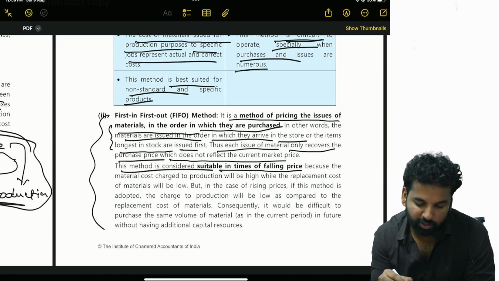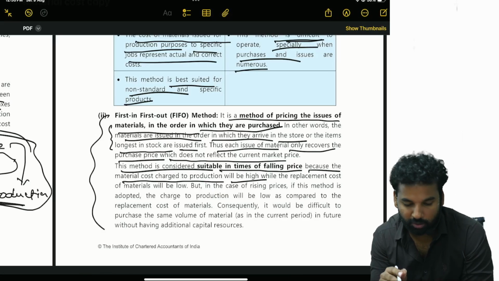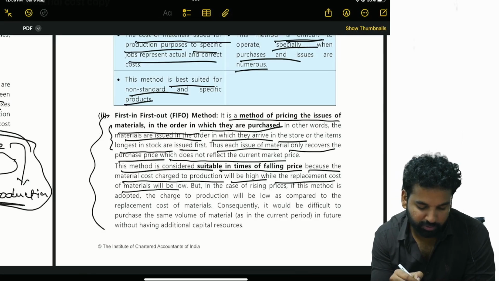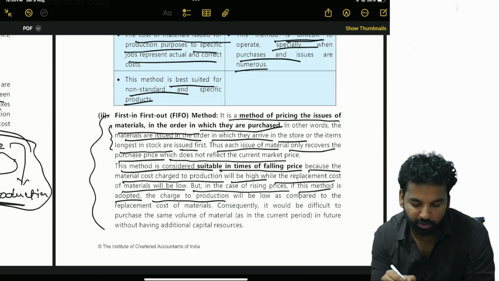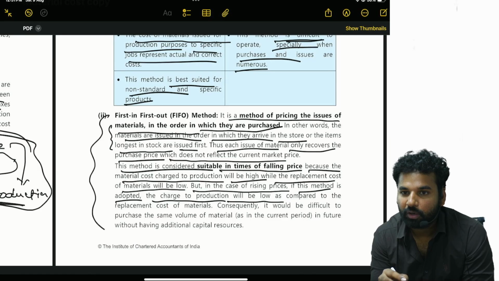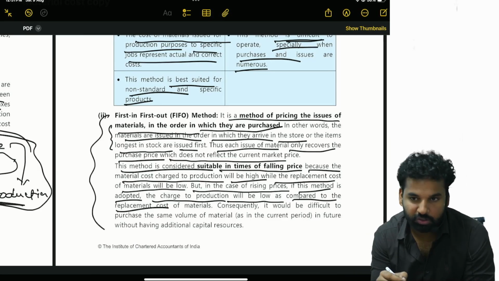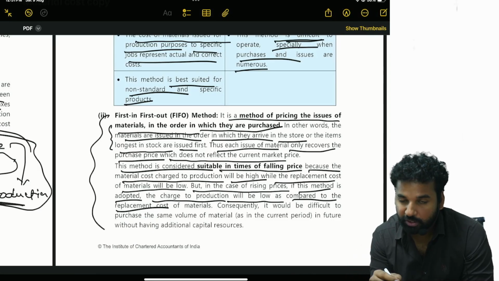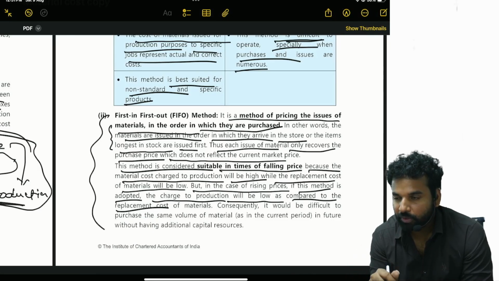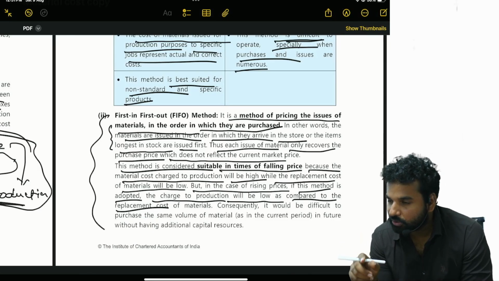In falling prices, the material cost charged to production will be high while the replacement cost of the materials will be low. But in the case of rising prices, if this method is adopted, the charge to production will be low. As a result, profit will show higher, and compared to the replacement cost, the material cost will be shown lesser.